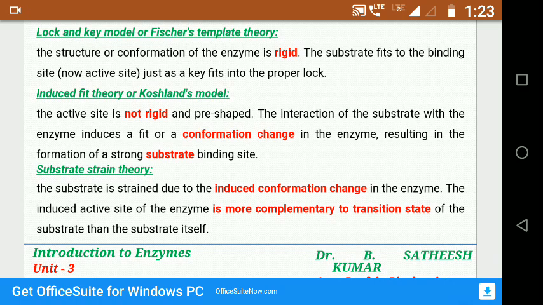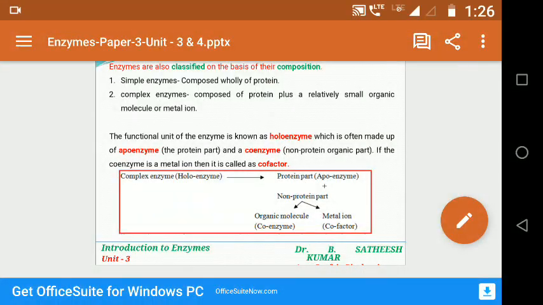In the second theory, the induced fit theory, the active site is not rigid, but the active site is complementary to the substrate. And in the third theory, the substrate strain theory, the active site is not rigid, but it is complementary to the transition state instead of the substrate. Therefore the activation energy is reduced.